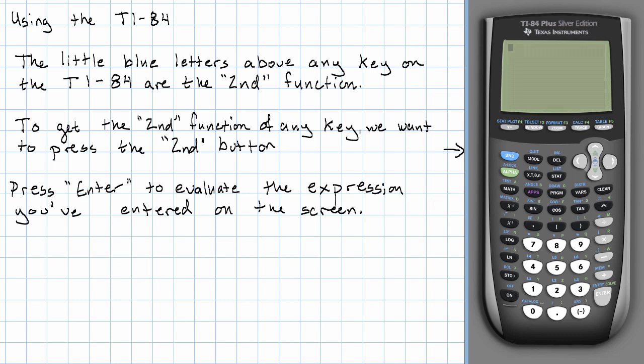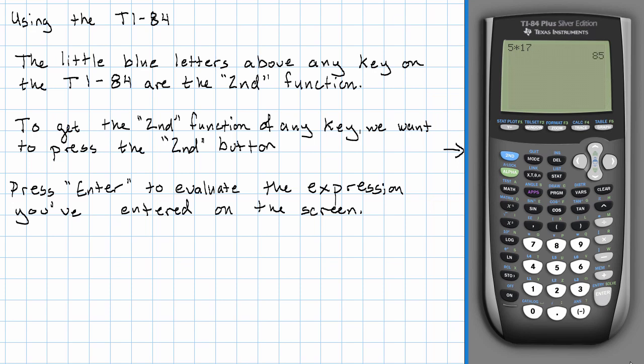One of the good things about this calculator is that, unlike some other calculators, the expression that you've entered stays on the screen. So if I multiply 5 times 17, I can see 5 times 17 still on the screen.